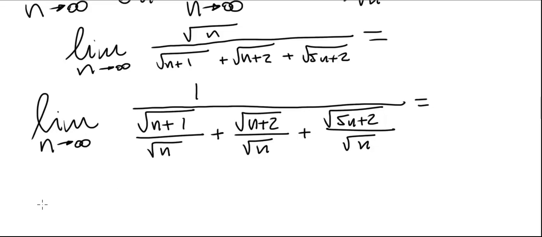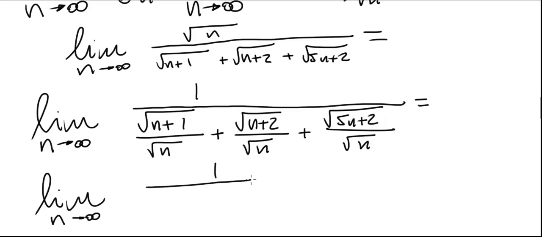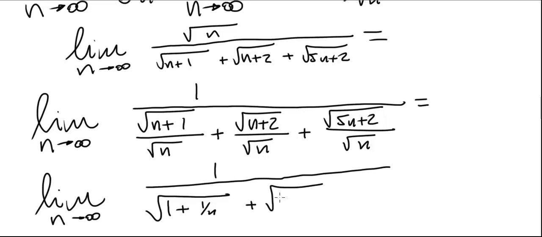Let's rewrite that. That's the same as the limit as n approaches infinity of 1 divided by, since we have both square roots in the denominator, that's the same as n over n, which is 1, square root of 1 plus 1 over n, plus square root of 1 plus 2 over n, plus square root of 5 plus 2 over n.